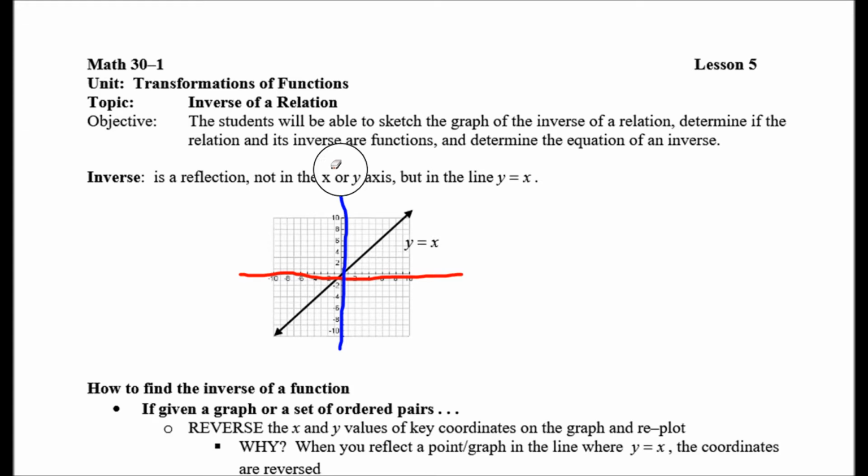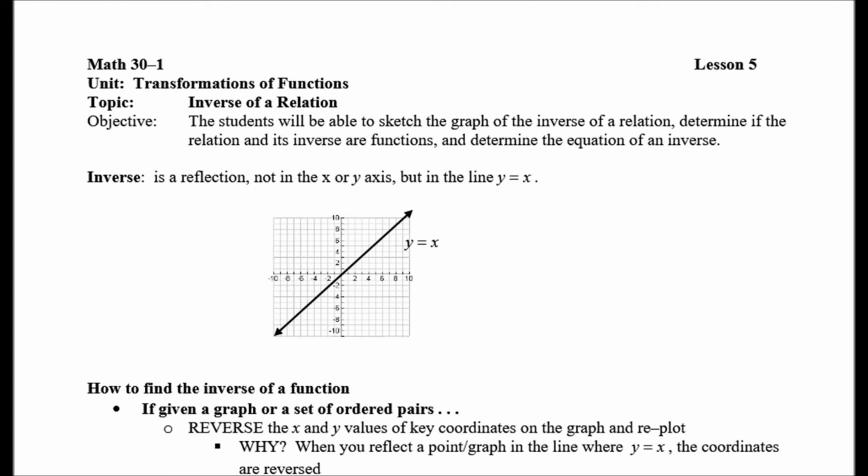Well, an inverse actually reflects over the line y is equal to x. So if you ever want to do an inverse, all you have to do is lay down a nice 45-degree line, y is equal to x, and then swap your x's and your y's. All an inverse is swap your y's and your x's.